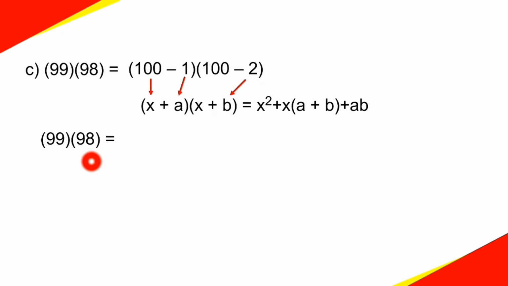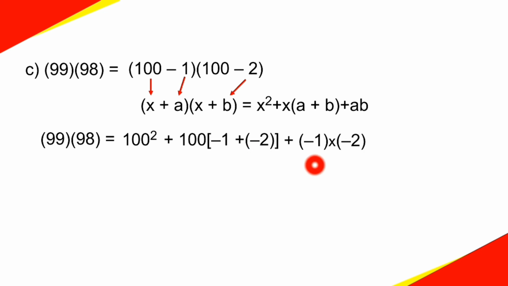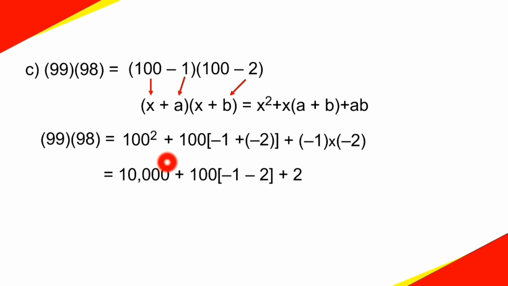99 into 98 is equal to, now we are going to substitute the x value. The x value is 100. So 100 square plus 100 into a value minus 1 plus minus 2, plus minus 1 into minus 2. 100 square is 10,000 plus 100 into the bracket minus 1 minus 2, plus.